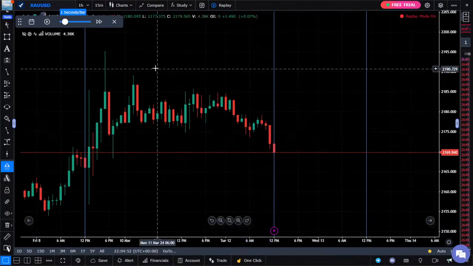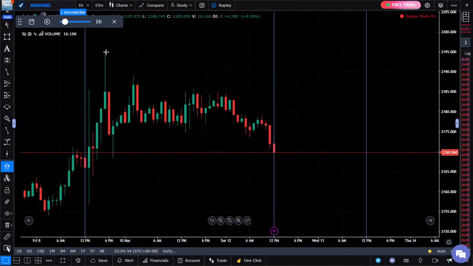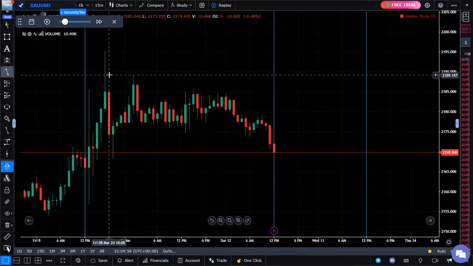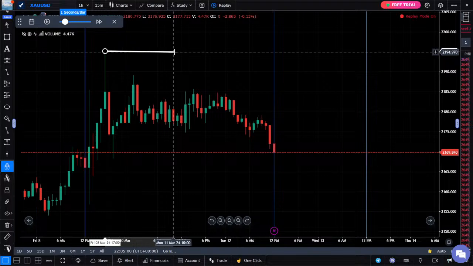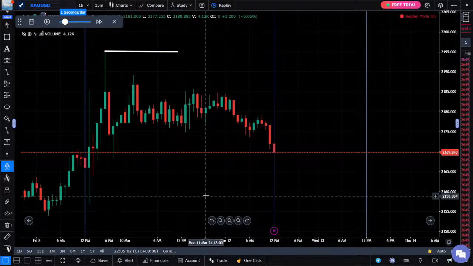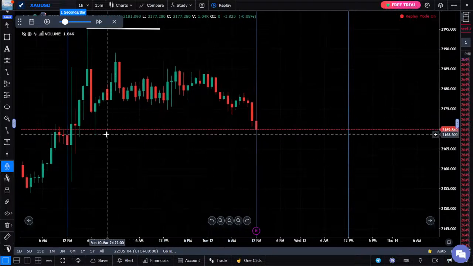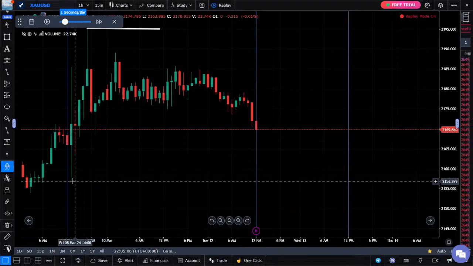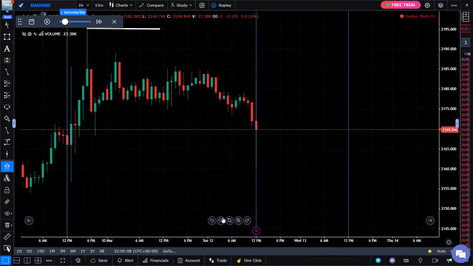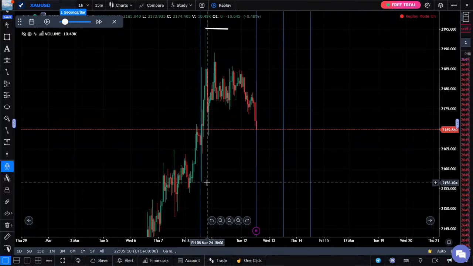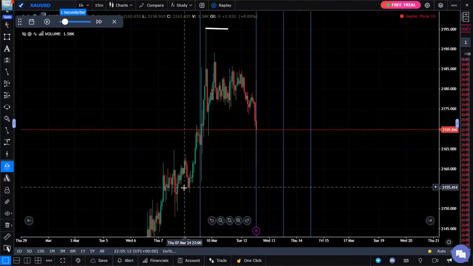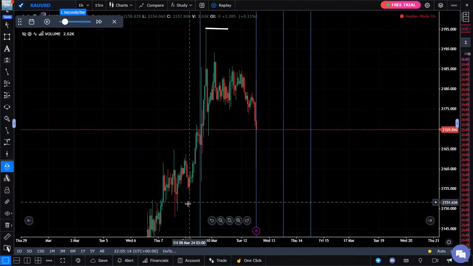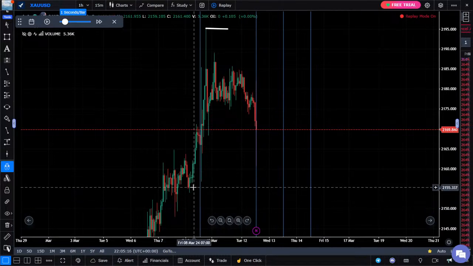Alright, so if you look in this session, the high is right here, and the low, that is probably a liquidity sweep. Actually, it's not.